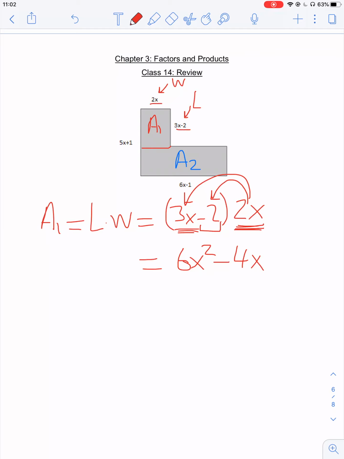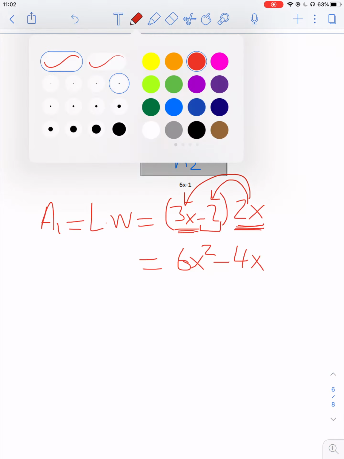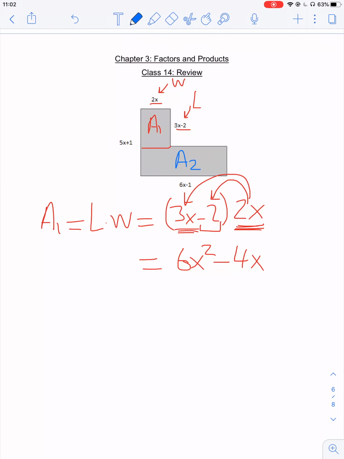So now let's find A2. A2 is slightly more challenging. So I know what my length is, right? My length over here is 6x minus 1. That I do know. But the problem is I'm not sure what my width is equals to, right?